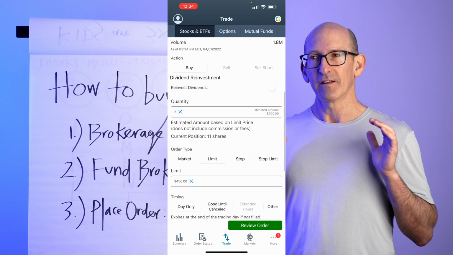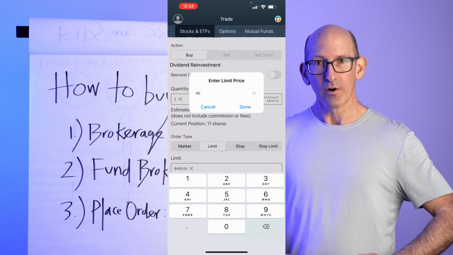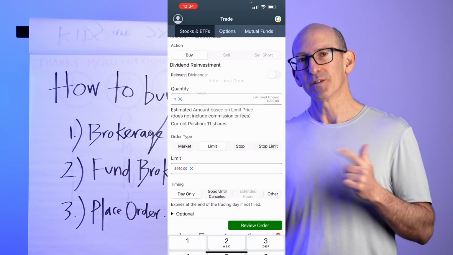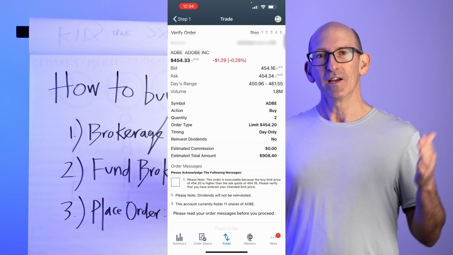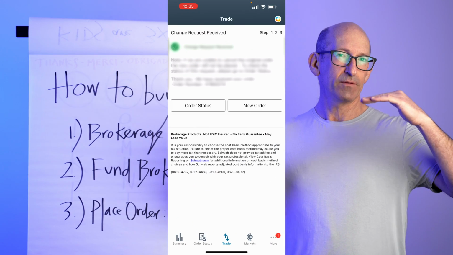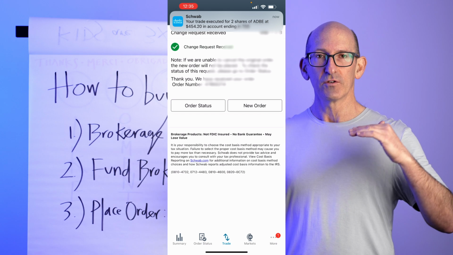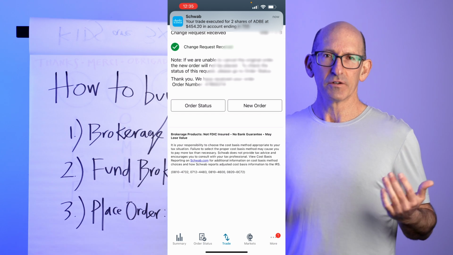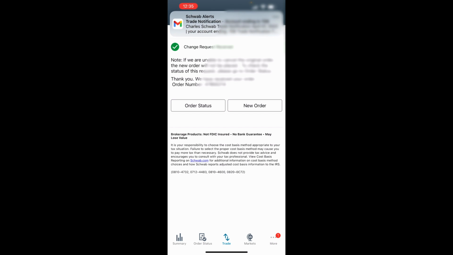And I said, if the price gets to that point or below, you have my permission to buy the shares. And things worked out. I got lucky. The stock price came down. It hit the $454.20 mark, which triggered the purchase of the 2 shares. And then I got a notification that now you're the owner of 2 shares of Adobe.